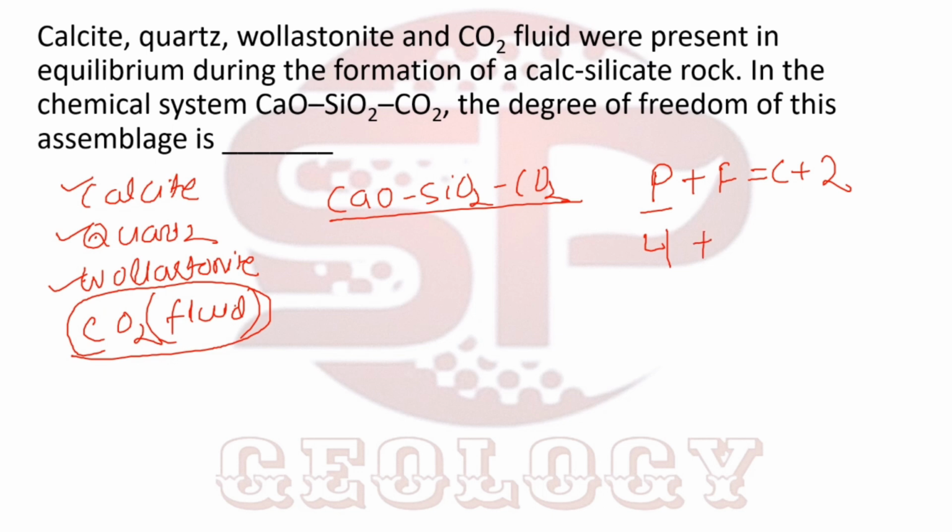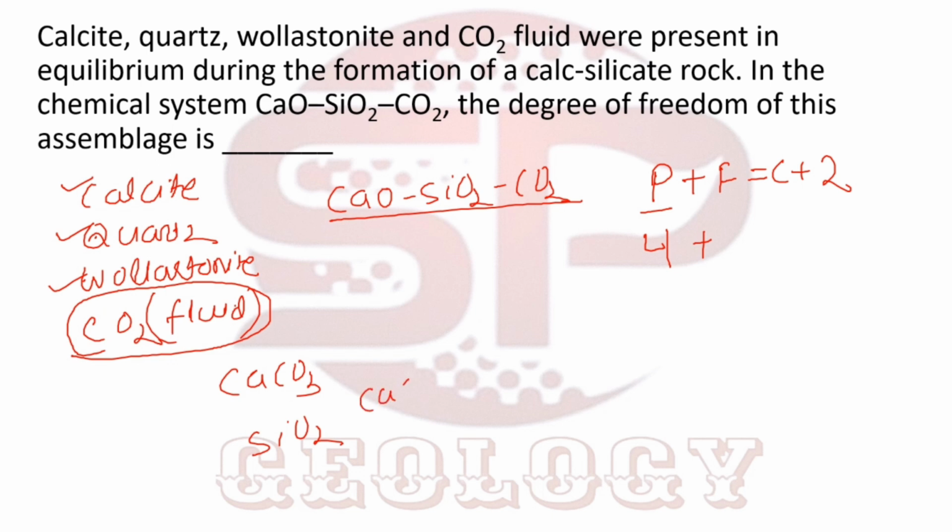Then comes your component. Component means the minimum number of chemical species that are required to define all the phases in the system. So in this system we have calcite, which has a composition of CaCO3. Quartz we have composition SiO2.